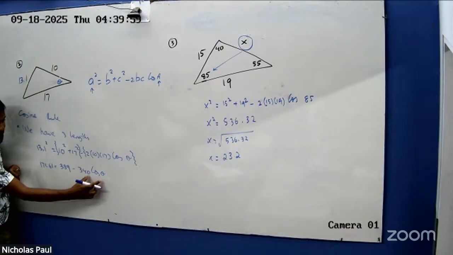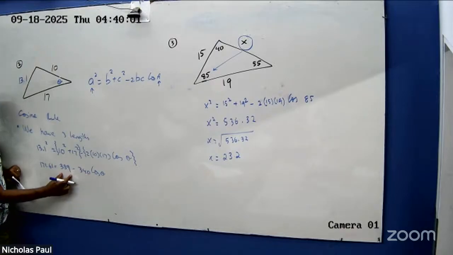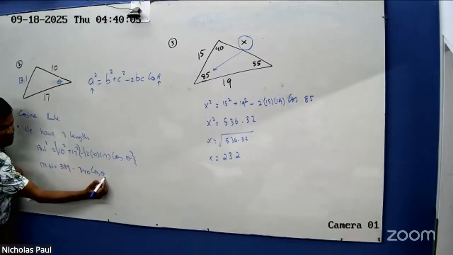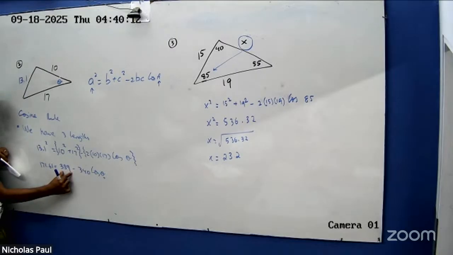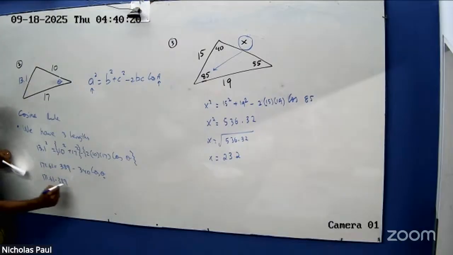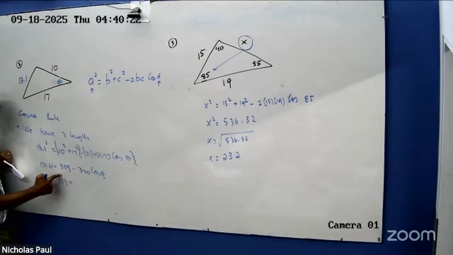We're trying to make theta the subject of the formula, so I'm going to move this across. 171.61 minus 389, as I move across the plus 389 it becomes minus.